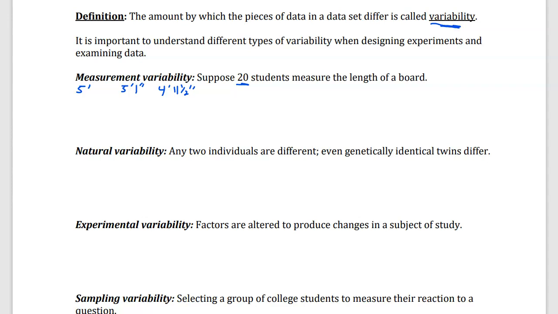And so for measurement variability, a couple of things you have to pay attention to. How much variability or how much difference can you actually expect or is acceptable?